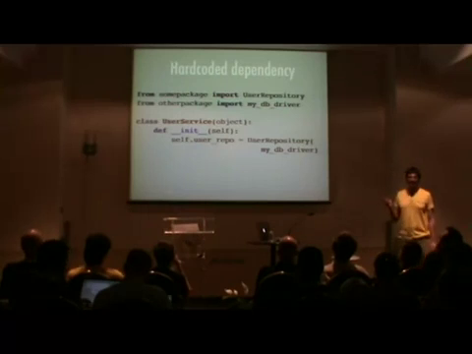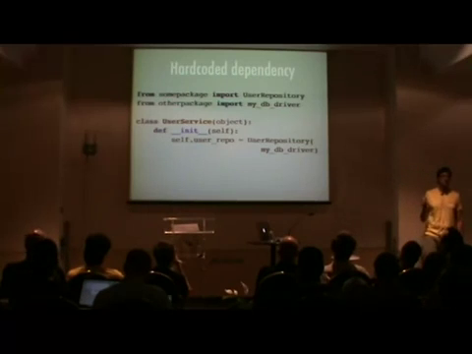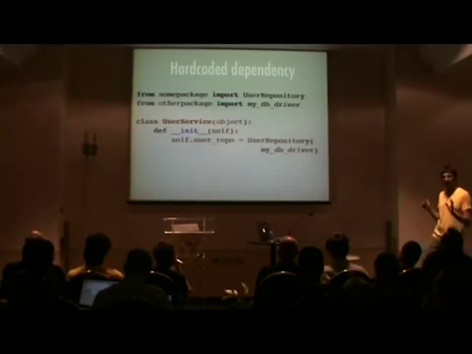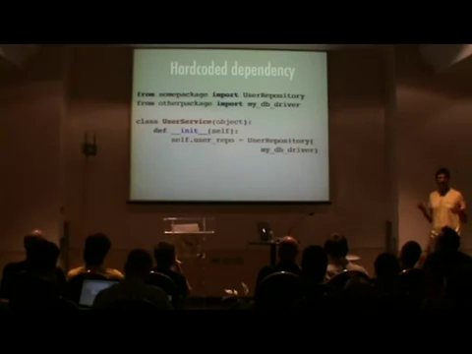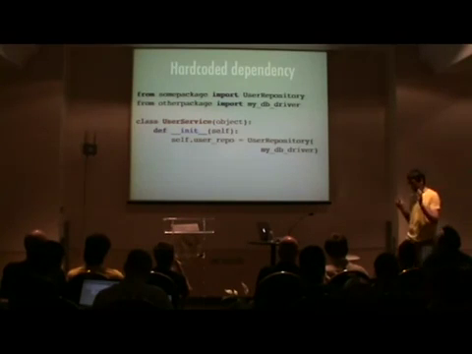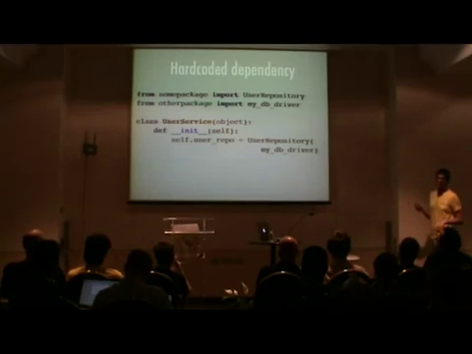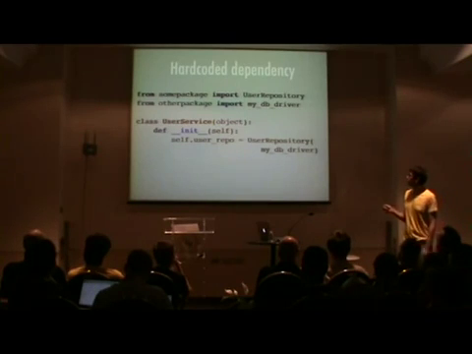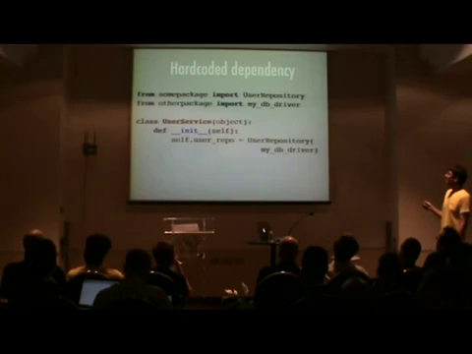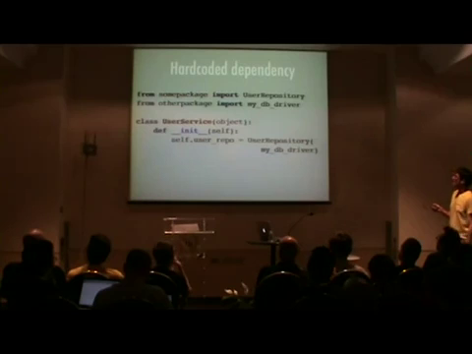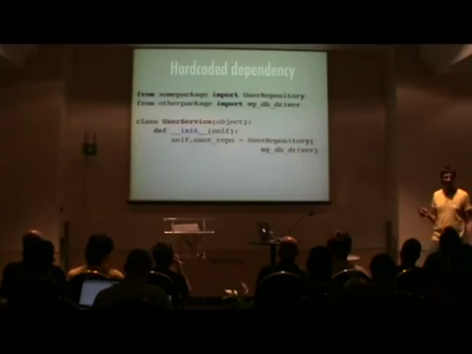This is an example of a hard-coded dependency. So you are trying to achieve high cohesion by using the single responsibility principle. So you're not mixing concerns in a single class, but you are forcing the usage of a certain implementation of your repository. And you're forcing the use of a certain DB driver in your applicative code.